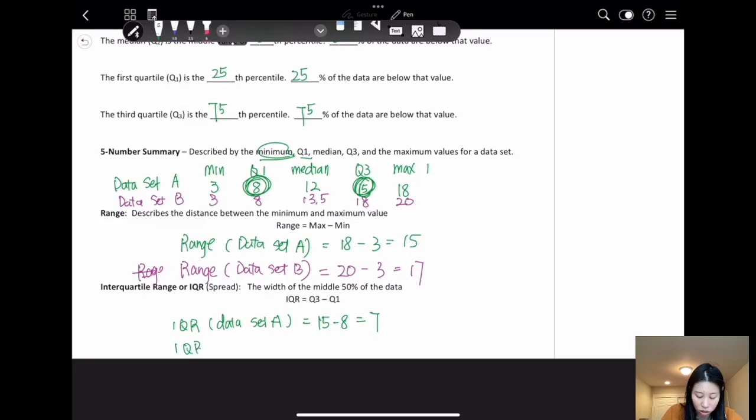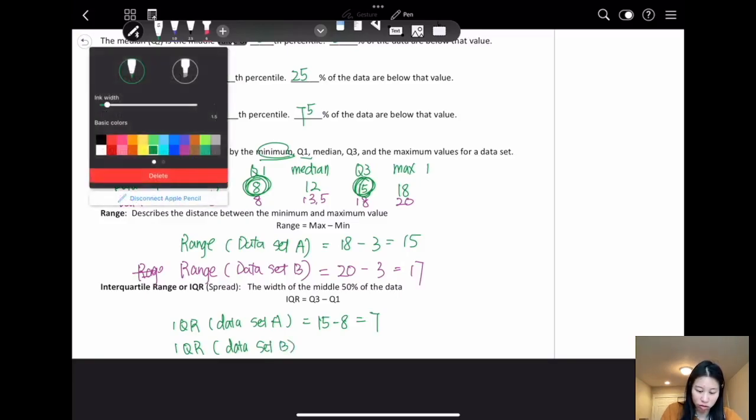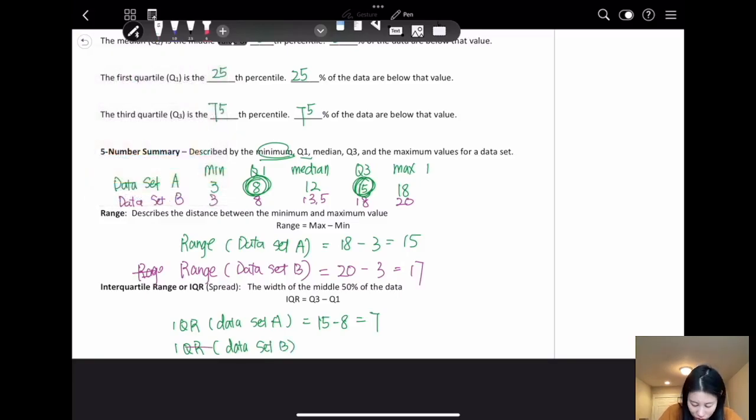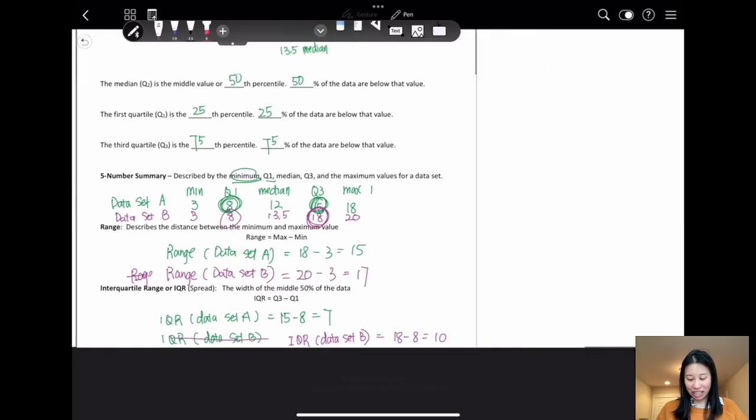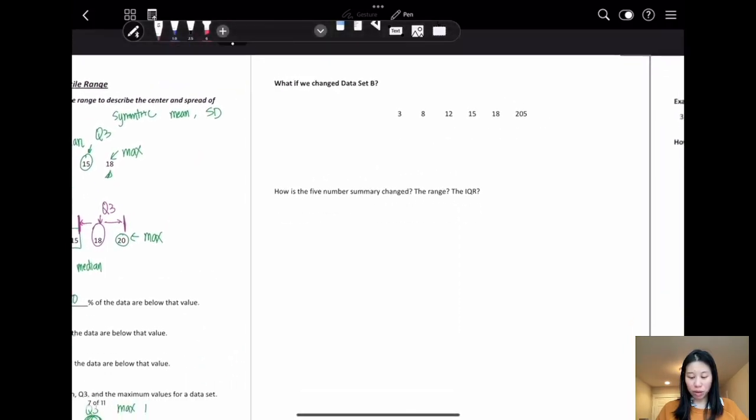And then the interquartile range of data set B, let me use a different color, equals 18 minus 8. Okay.